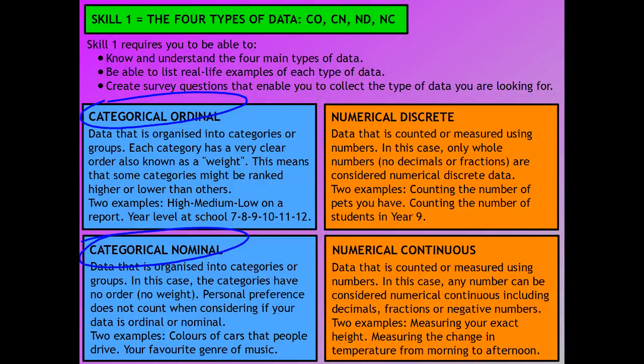Underneath, we've got categorical nominal data. This is categorical data as well, but there's no order to the categories, all right? Now, you might have a personal preference, for example, the colour of car that your family might have. You might have a white car and you might think white is the best colour, okay? But that's just a category without an order.